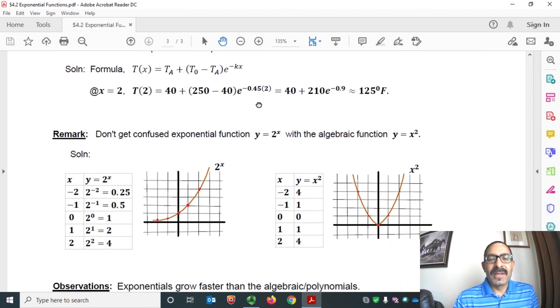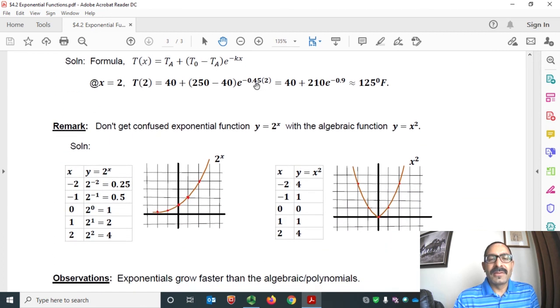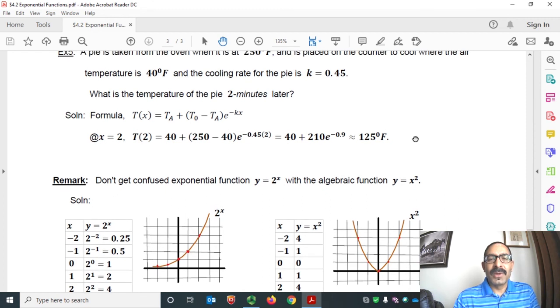Then let's multiply here. So multiply this exponent, subtract these two values and simplify, and this turns out to be, after 2 minutes, the pie temperature is 125 degrees. Great. So I hope this makes sense to you all. So now let's move on.